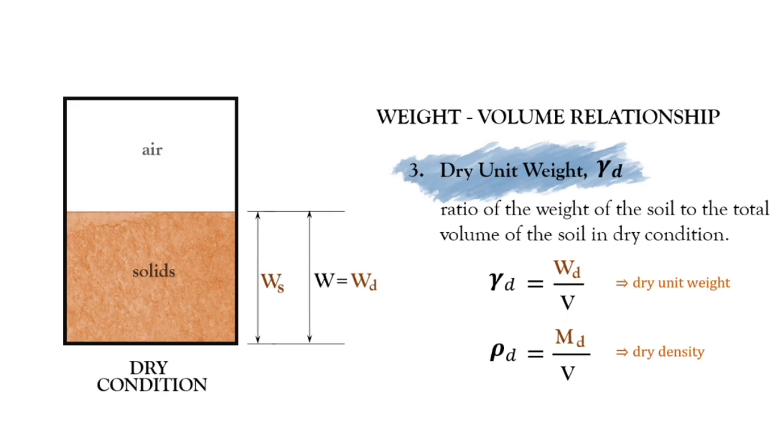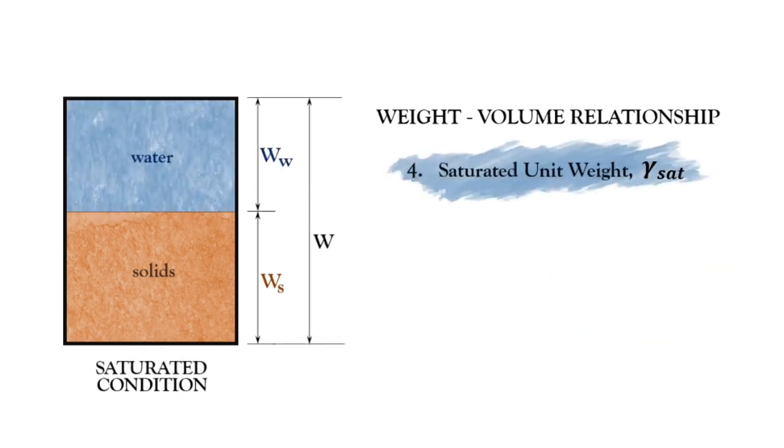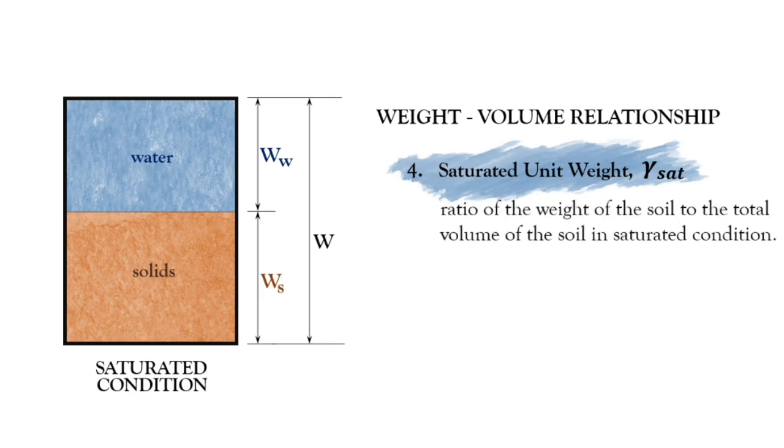So, kung pwede pala na magkaroon tayo ng dry unit weight, posible na magkaroon tayo ng saturated unit weight. So, para sa saturated unit weight, alam na natin yan na walang air doon sa ating soil sample. So, ang designation natin para sa saturated unit weight ay gamma sat. So, this is the ratio of the weight of the soil to the total volume of the soil.